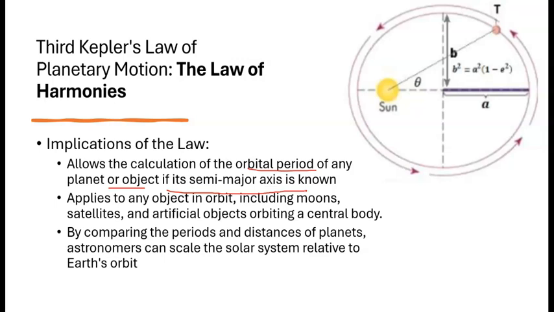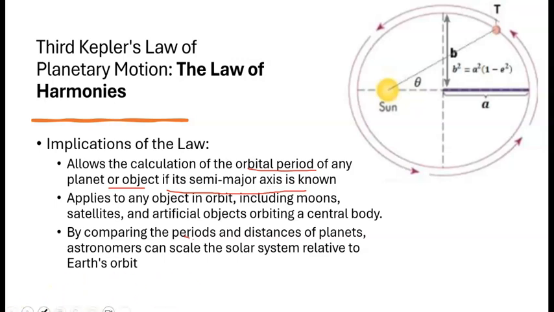If we want to calculate the moon's orbital period, we just need to know its semi-major axis. It also applies to satellites or artificial objects orbiting a central body. By comparing the periods and distances of the planets, astronomers can scale the solar system relative to Earth's orbit. So this is the impact of the third law.